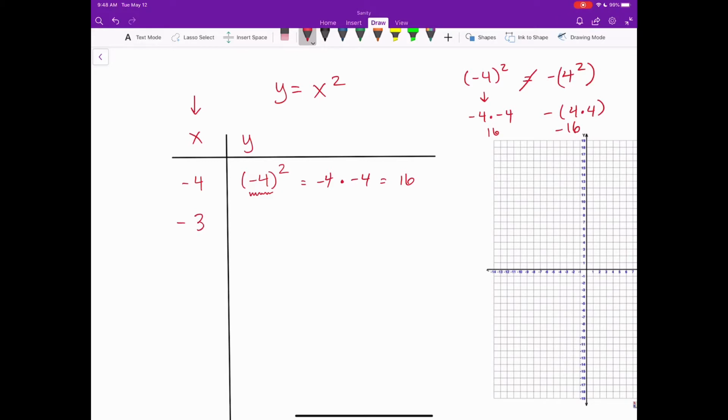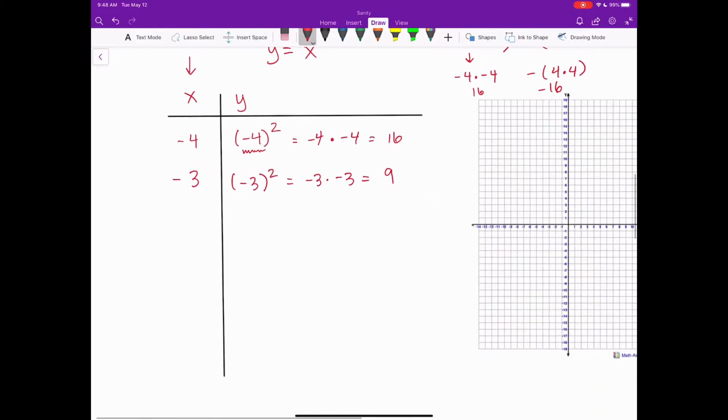The same thing with this negative 3. That's that negative on the inside. It's negative 3 times negative 3, and that's just going to give you a positive 9. Negative 2 squared, negative 2 times negative 2. Again, our exponents are repeated multiplication, so that gives you a positive 4.